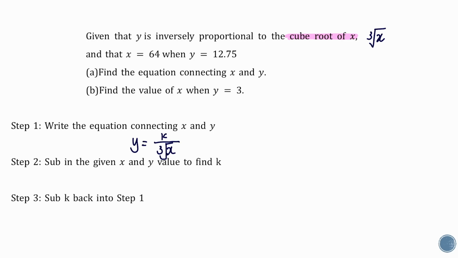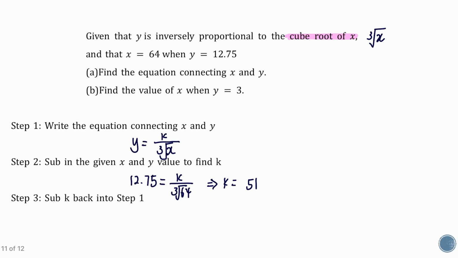Step 2 will be to sub in the given x and y value to find k. So when y is equal to 12.75, x is cube root of 64. If you press this in your calculator, you will realize that your k is equal to 51.